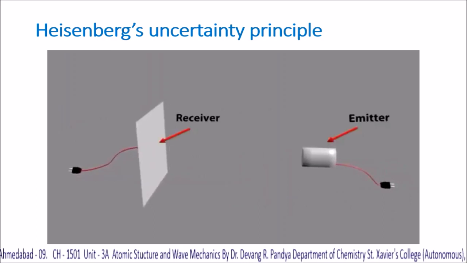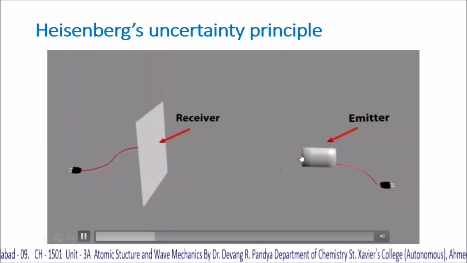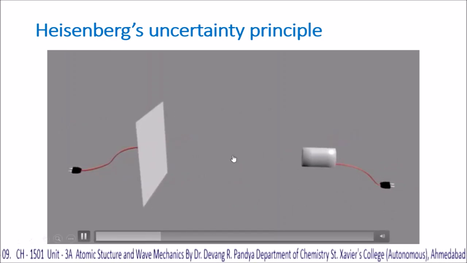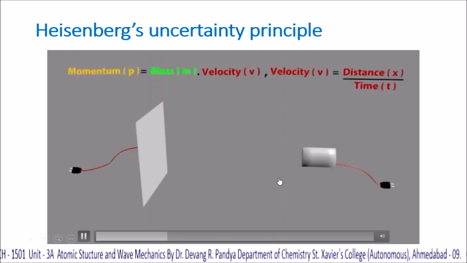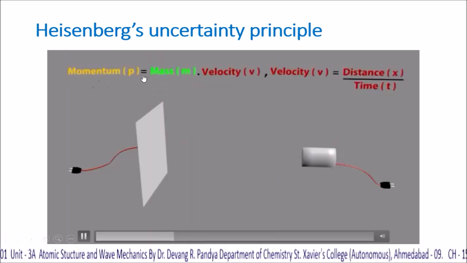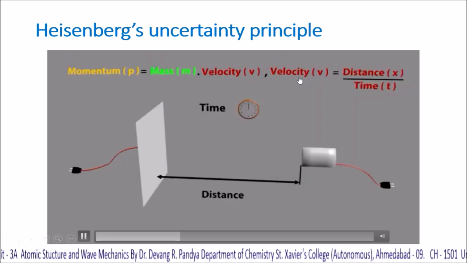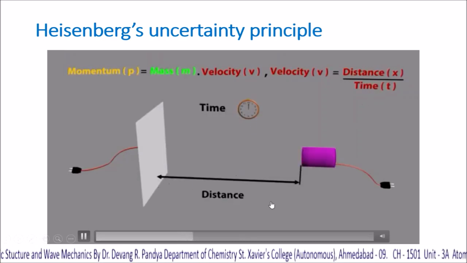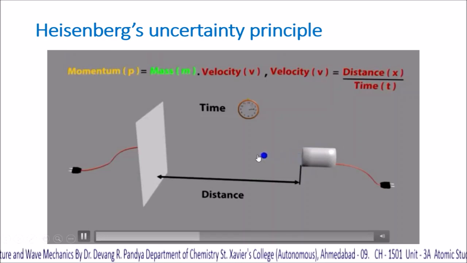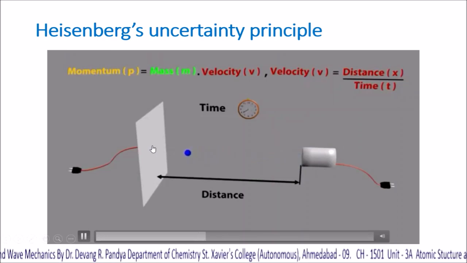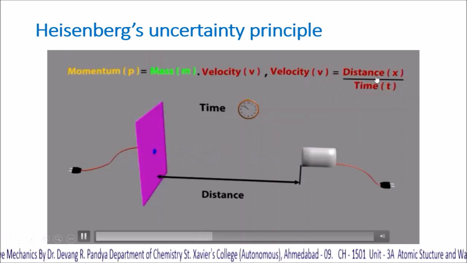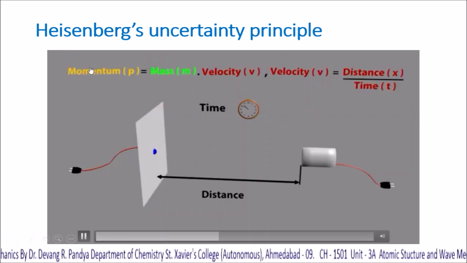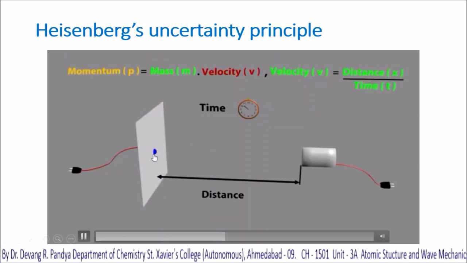To explain this, I have one emitter that is going to emit the electron, and the other one is the receptor. Momentum can be measured as mass into velocity. Velocity is given by distance by time. Here we have time. This one is the distance. Now the electron will travel the distance with time. We can measure the velocity and momentum as well as the position.